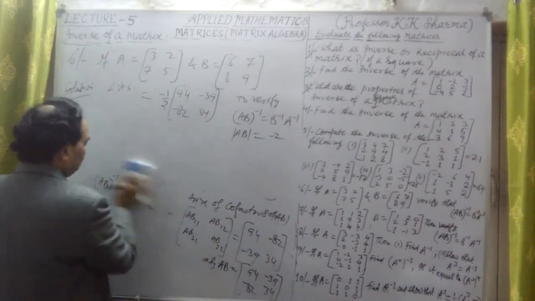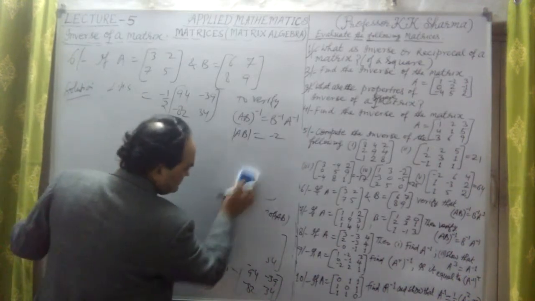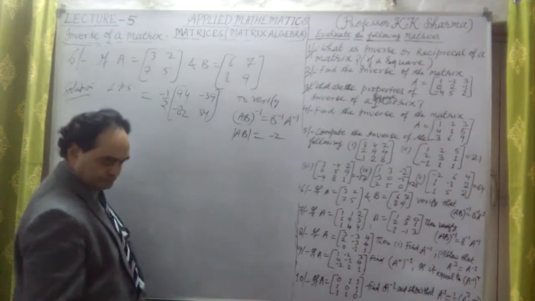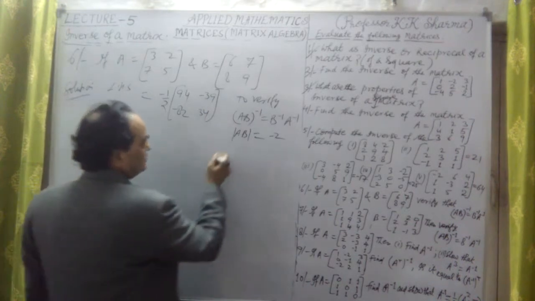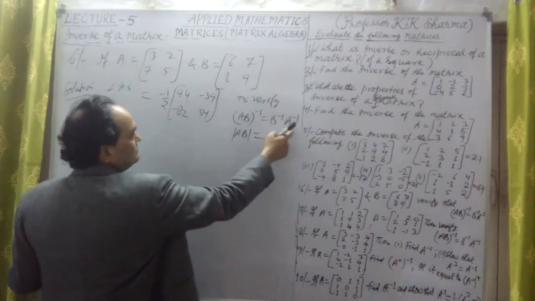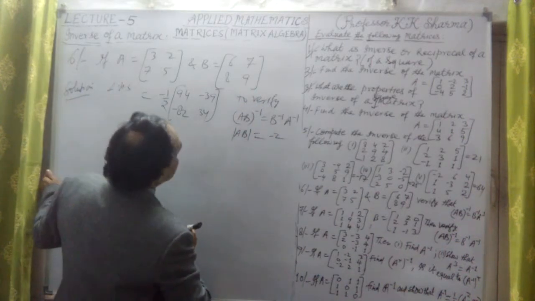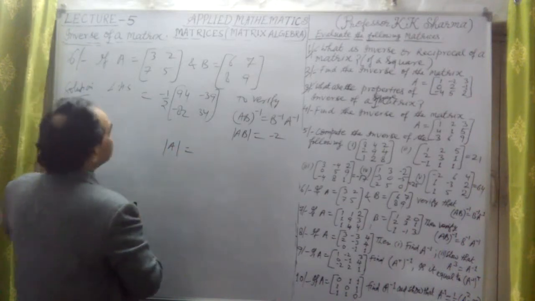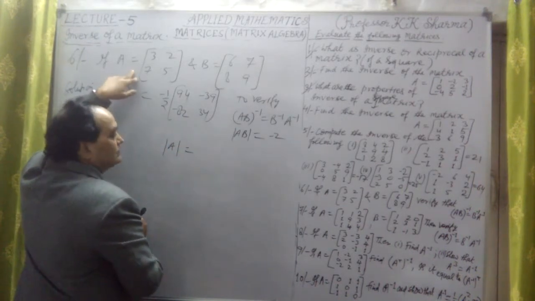Now we have to find the inverse of A and B and then multiply them. Let us check. Because this is B inverse into A inverse, first we have to find the determinant of A to find A inverse.